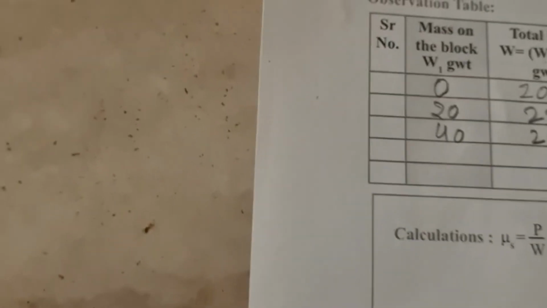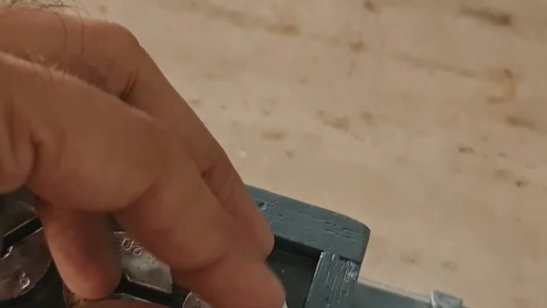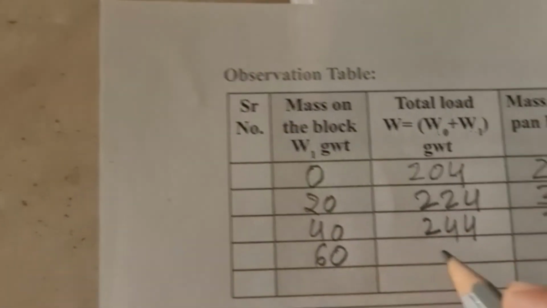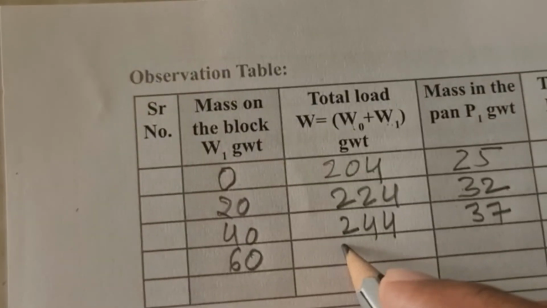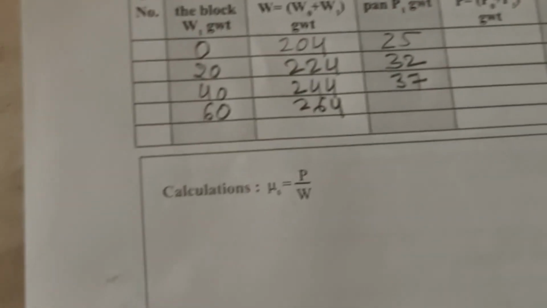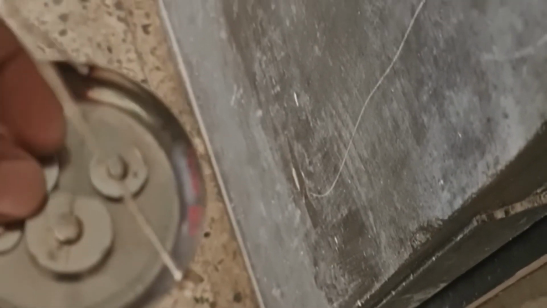Then I will add 20 gram more. So weight on the block has become 60 and total load now became 264. I have to add weight in the pan. So what I can do is remove these additional weights.